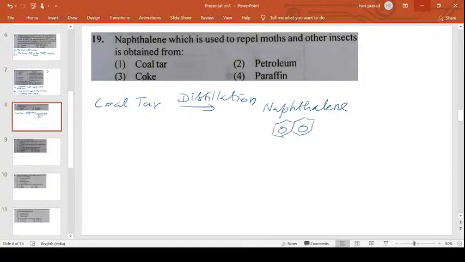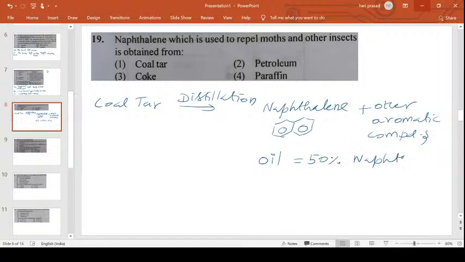Other aromatic compounds are obtained along with naphthalene when coal tar is distilled. They are obtained in the form of oil, in which about 50% is naphthalene. Therefore, coal tar on distillation provides naphthalene.